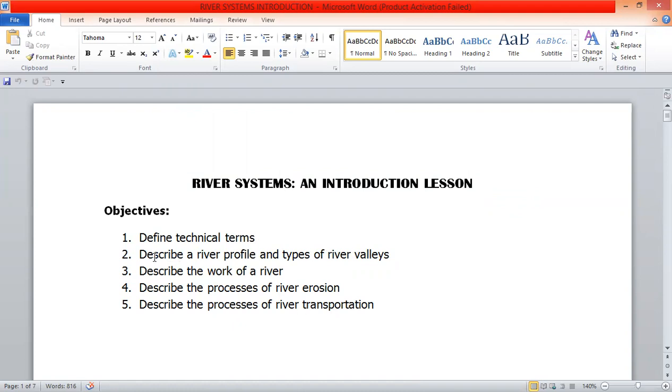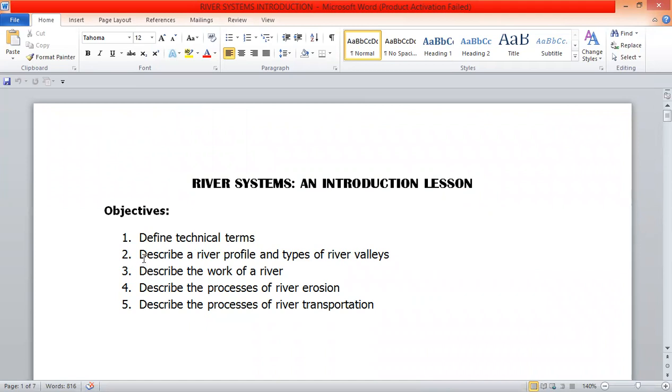So in this introduction, we'll cover 5 objectives. The first objective is to define technical terms that you will come across in the topic of river systems, and possibly examiners can ask you to define those terms. Please pay attention to them.